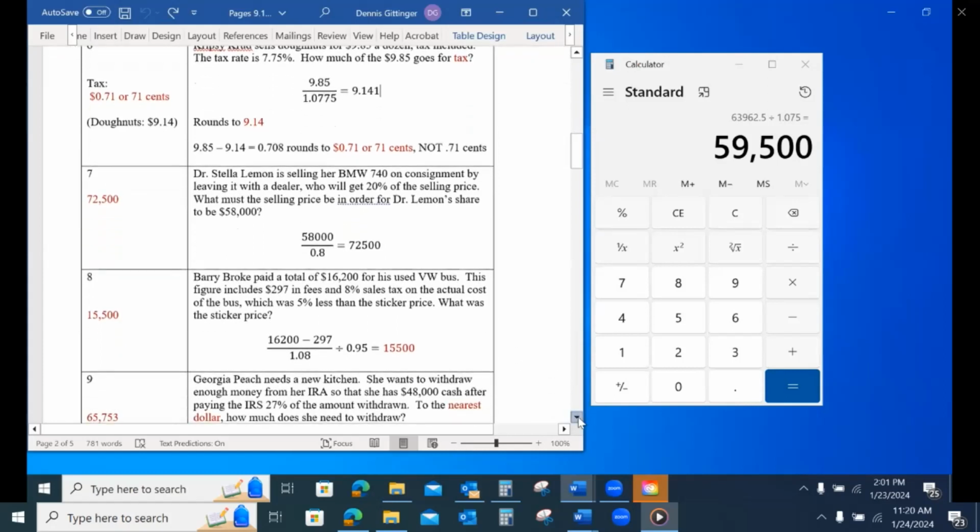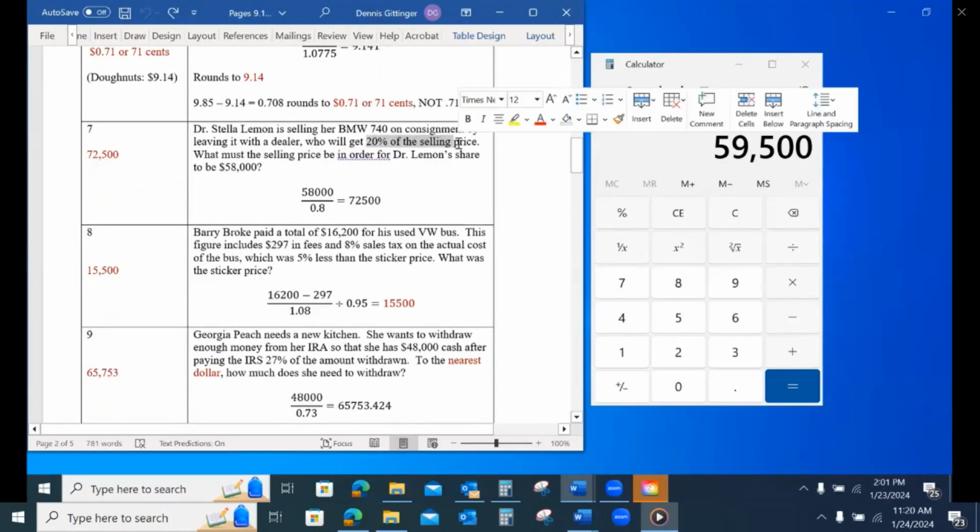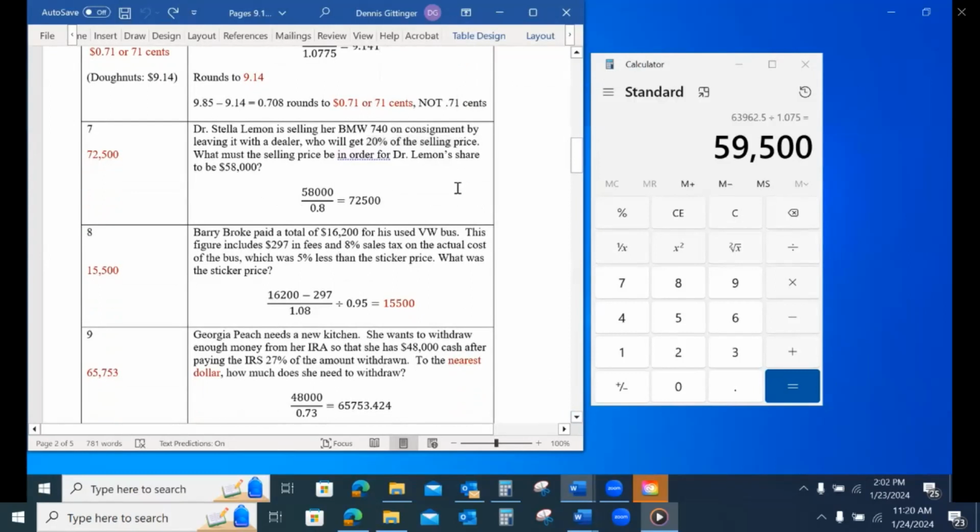All right. So Dr. Lemon is going to let a dealer help her sell her car, and the dealer's commission will be 20% of the selling price. Notice it's not 20% of the $58,000 that she wants after the sale. After it's sold, it's 20% of the total selling price.